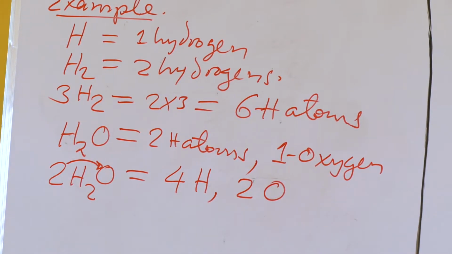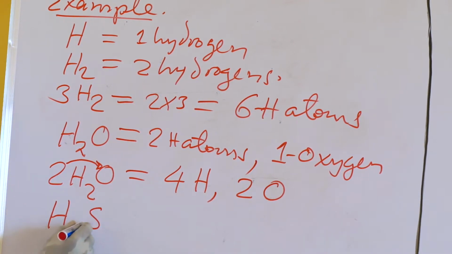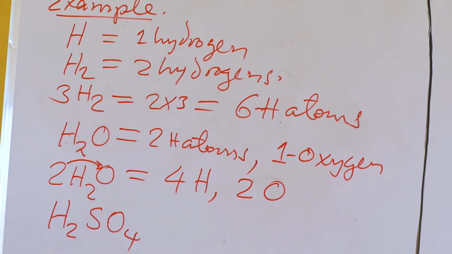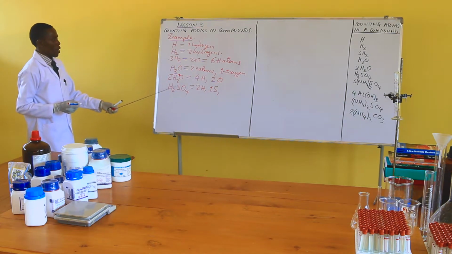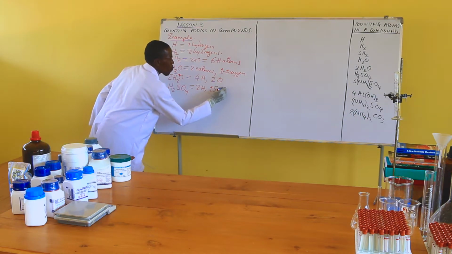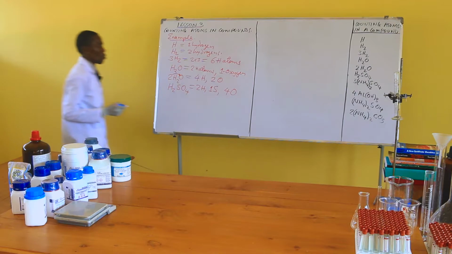If it is written like, for example, sulfuric acid, H2SO4, this one counts 2 hydrogen atoms, 1 sulfur atom, and 4 oxygen atoms.